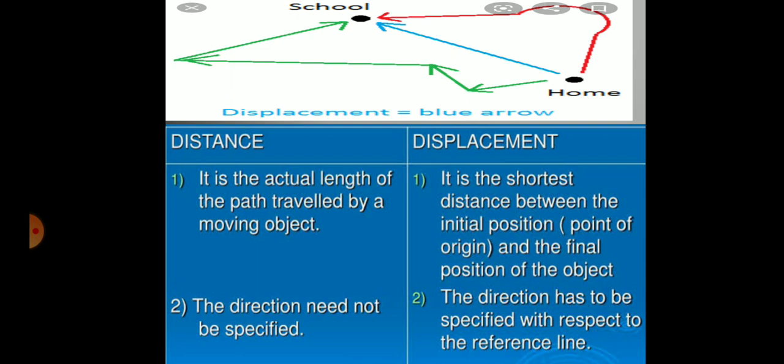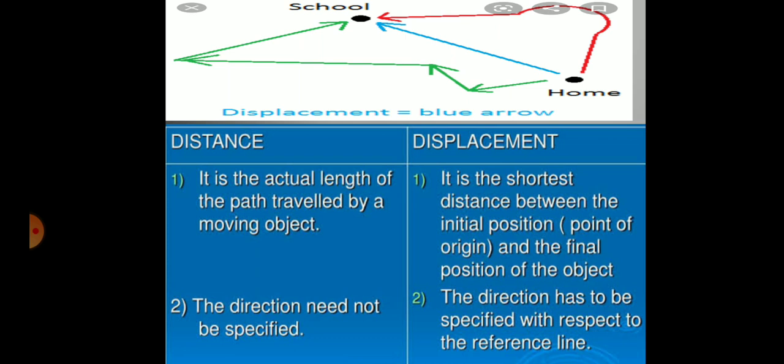You can choose any path. Whatever actual distance you travel, let us consider you have traveled a distance of 1 kilometer along this red path, and suppose through the green path you have covered a distance of 2 kilometers, then that is going to be the actual length of path which is traveled by you, and that is the distance.